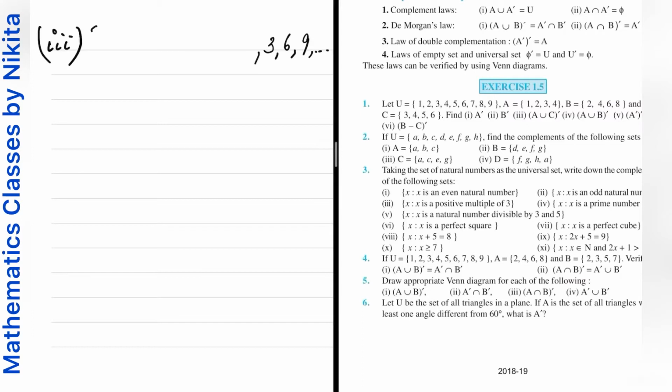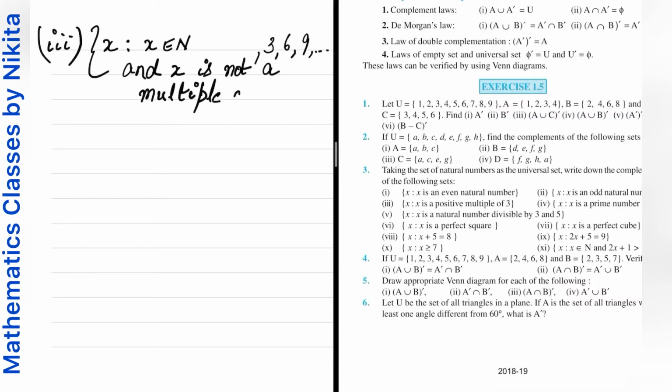So the complement will be all those x such that x belongs to n first of all, and I will write x is not a multiple of 3.